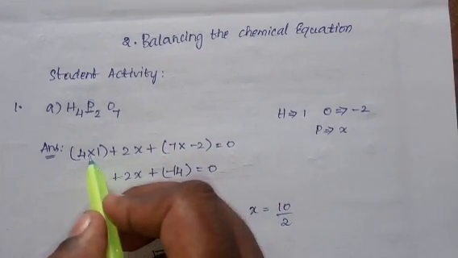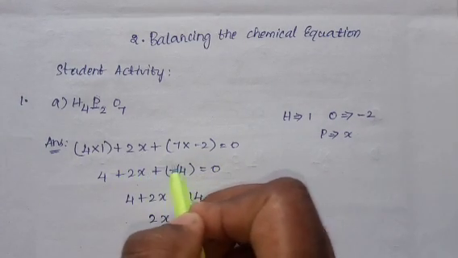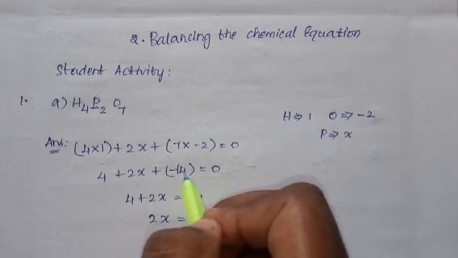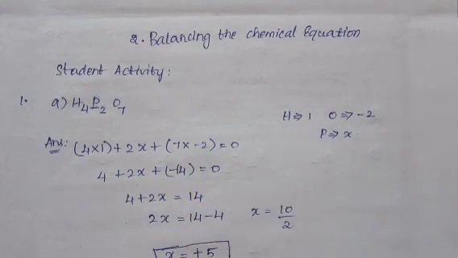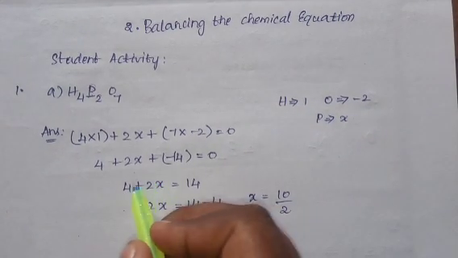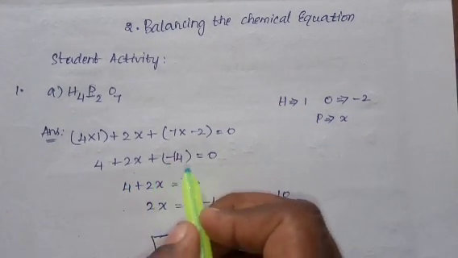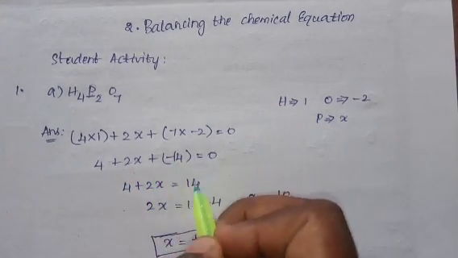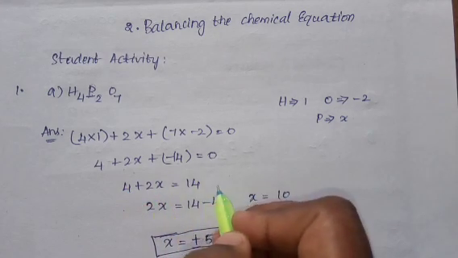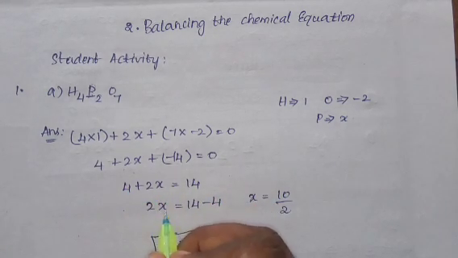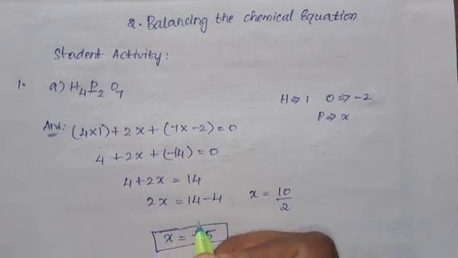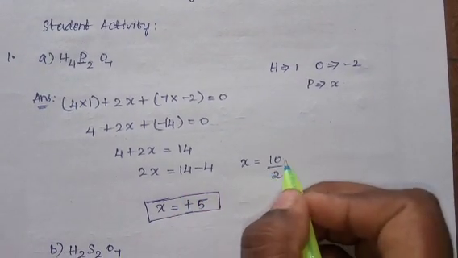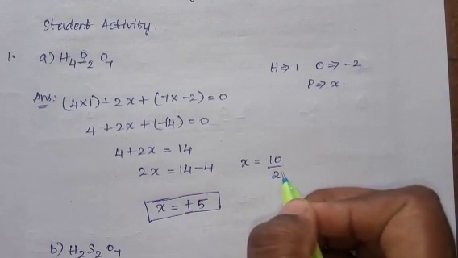So 4 plus 2X minus 14 is equal to 0. Taking the minus sign to the other side, 4 plus 2X is equal to 14. 2X is equal to 14 minus 4. Next X is equal to 10 by 2.